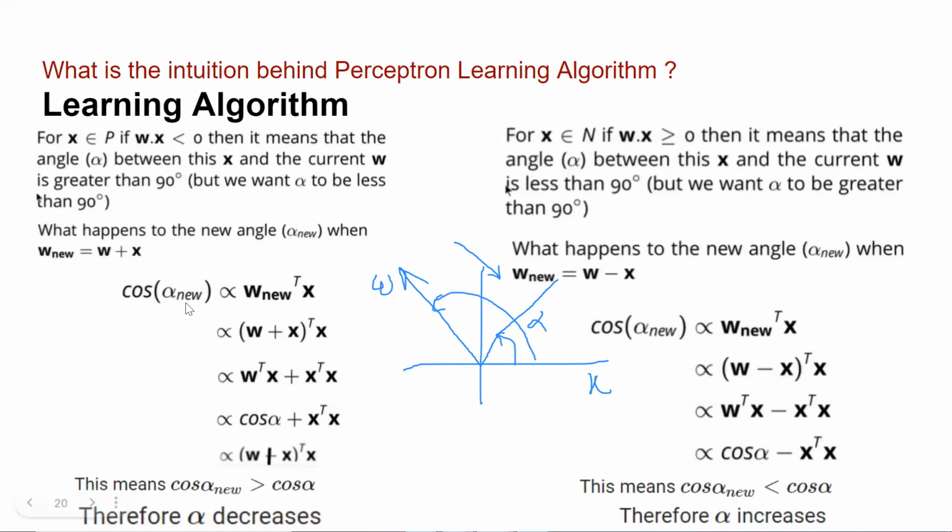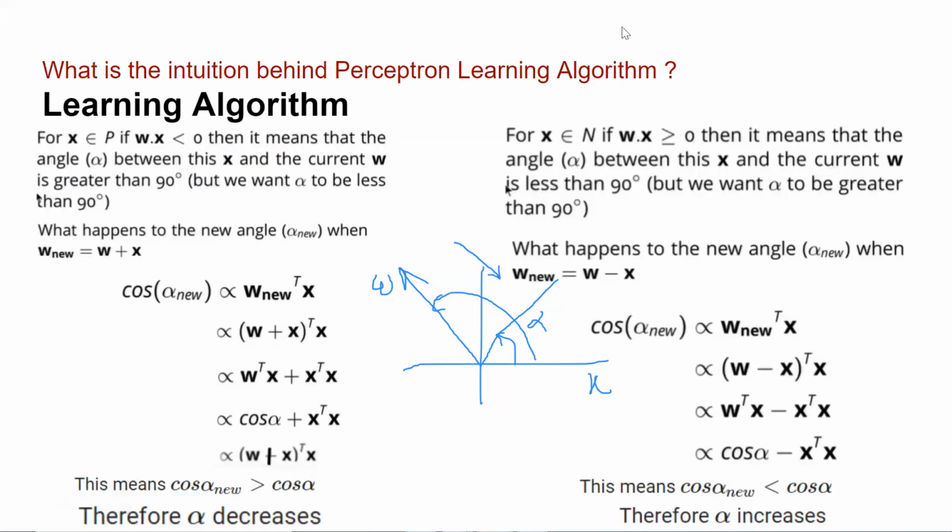So my new angle is alpha new, and my w got changed, so the new w is w new, which is w plus x. Putting this value here and opening the bracket: w transpose x plus x transpose x, right?